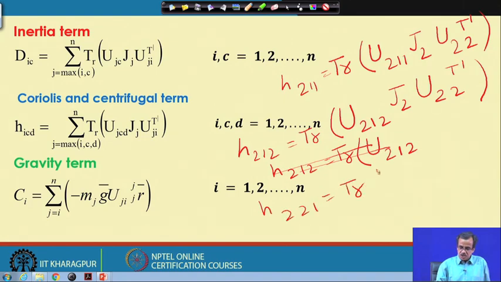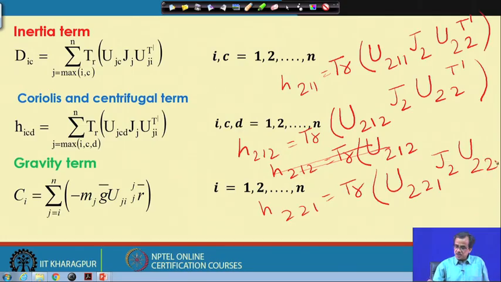So this is nothing but u, j equals to 2 and c d is 2 1. Then comes your j 2, then comes u, j equals to 2 and i is equal to 2. So this is the expression.